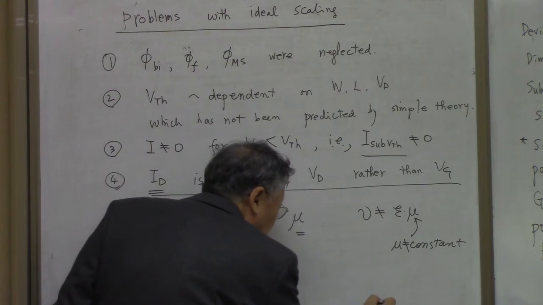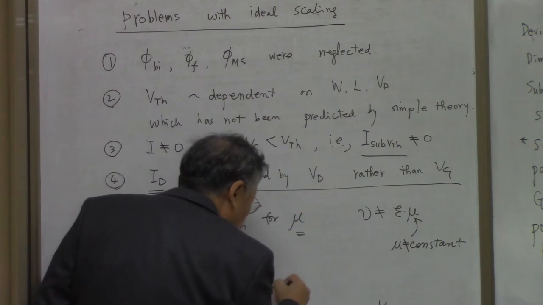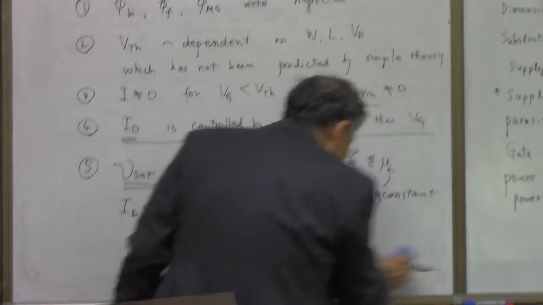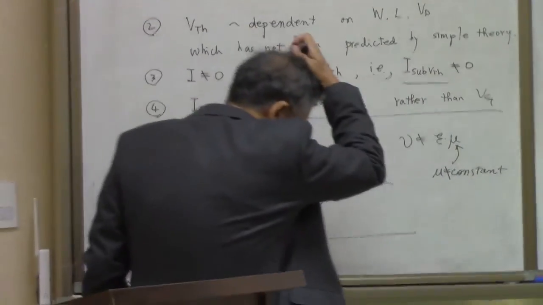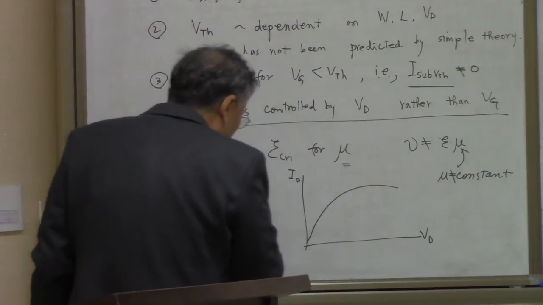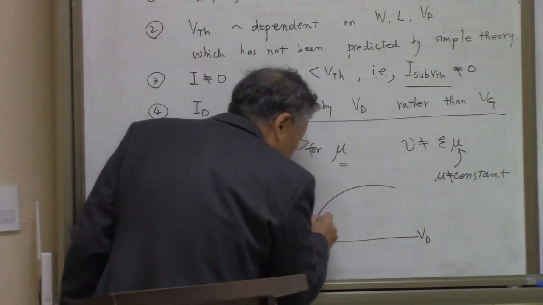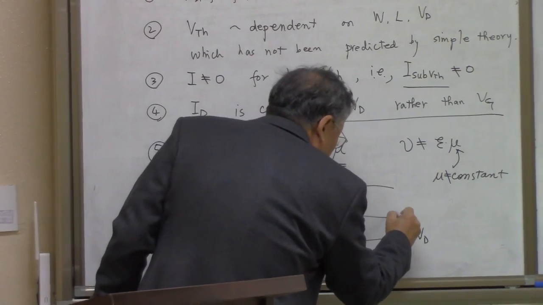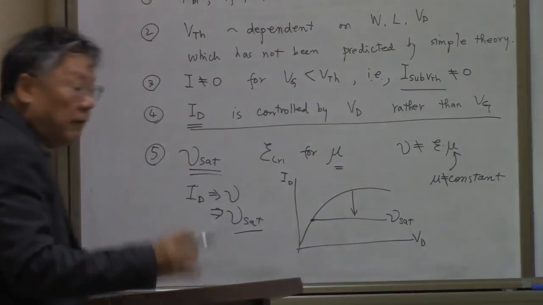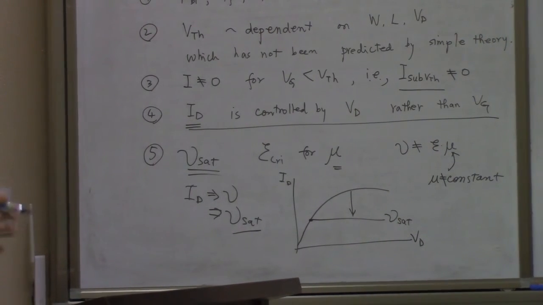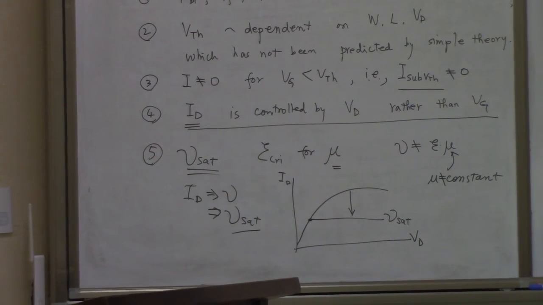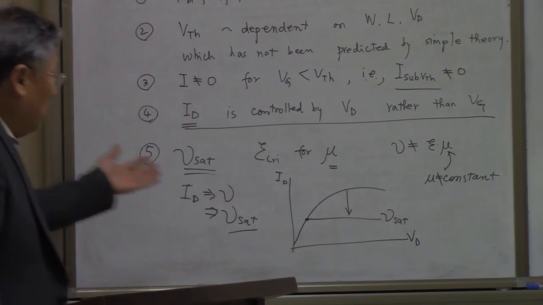Like the current versus gate voltage, we usually have this curve, like this, but as you have seen, this is the current limited by saturation. Okay, so the drain current is going to be controlled by the saturation phenomenon rather than the simple equations that we have developed for the drain current.